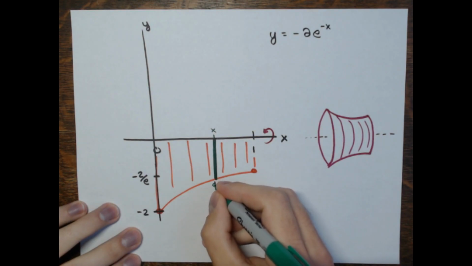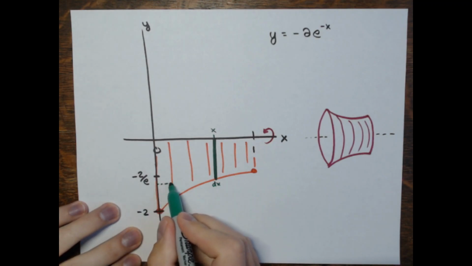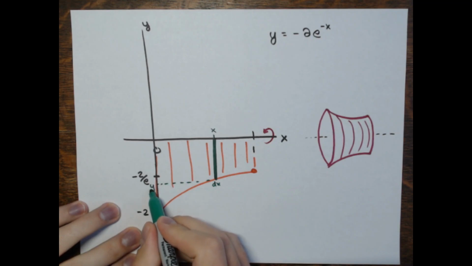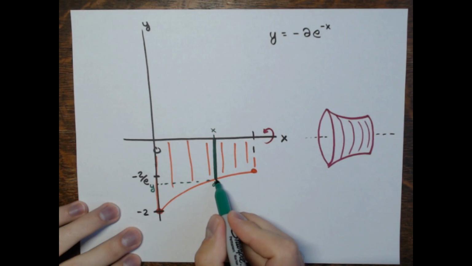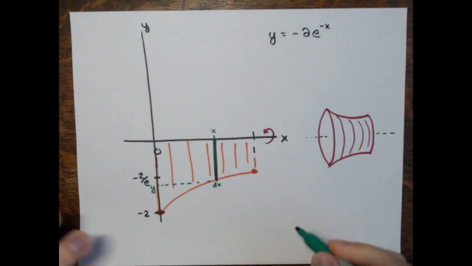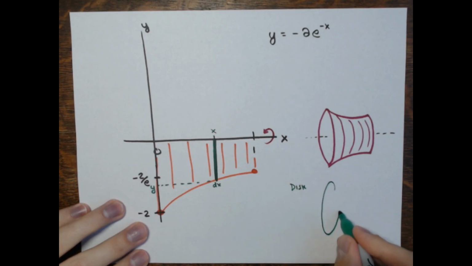And the thickness would be some little tiny change in x, I'll call it dx. And again, this would be the y coordinate here, from 0 to y. So that's the radius of my disk, when I think of the disk that's being created here.